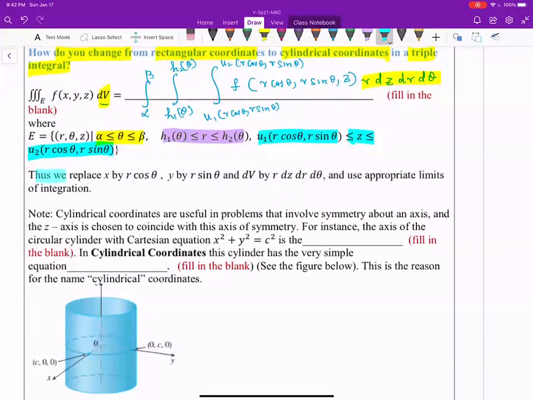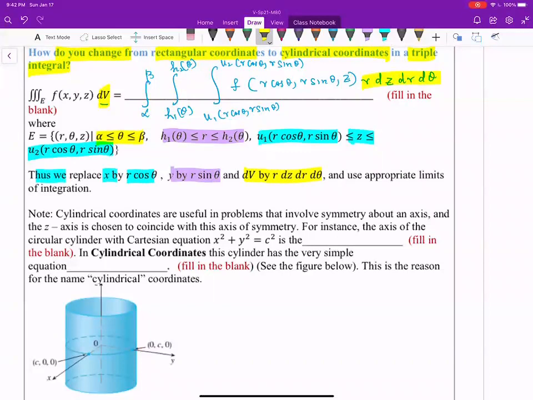Thus, we replace x by r cosine theta, y by r sine theta, and dV by r dz dr d theta, and use appropriate limits of integration.